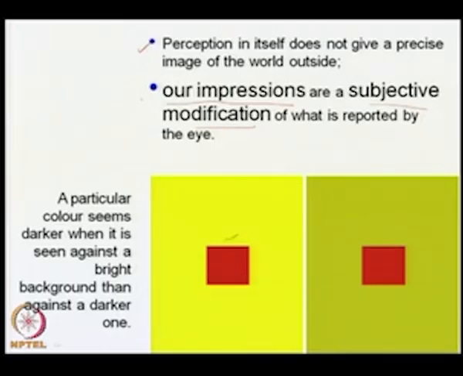The same redness seen on different backgrounds, the perception of the richness of this red color varies. It means the impression and the way I am looking at it, others may feel differently, but there are some similarities of thoughts and some similarity in perception.